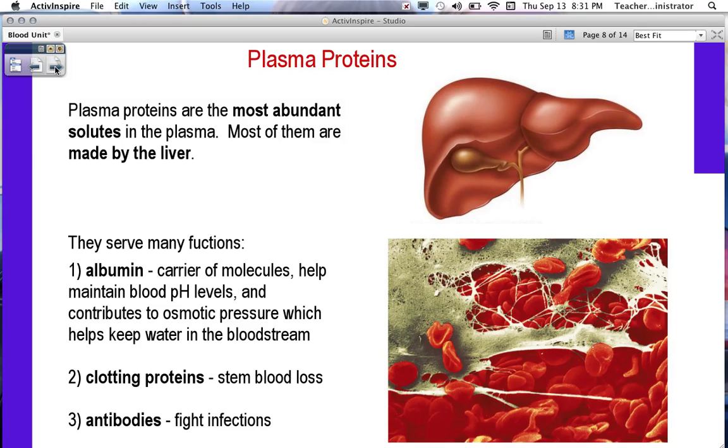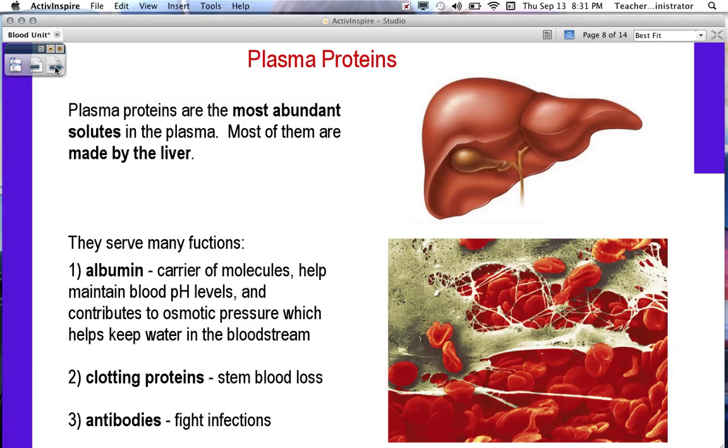It also helps to maintain the blood pH levels, and it contributes to what's known as osmotic pressure, which means how much water pressure there is in the blood. So it's going to help keep water in the bloodstream, because if the osmotic pressure goes down, then it's going to hang on to that water versus letting that water go out into the tissues.